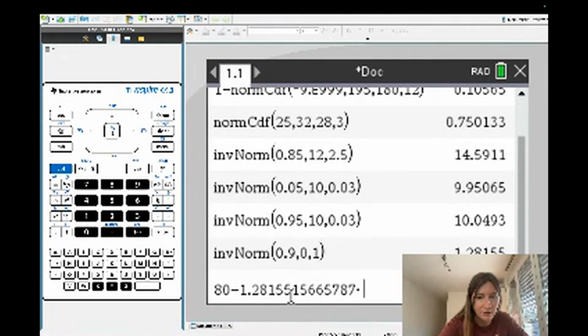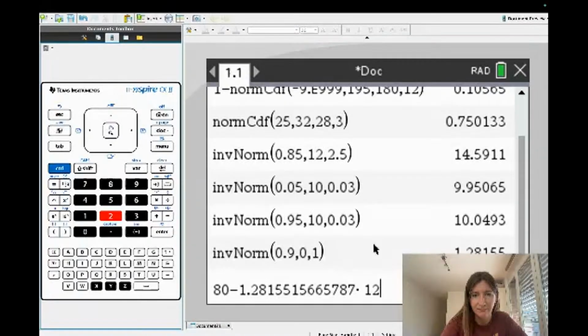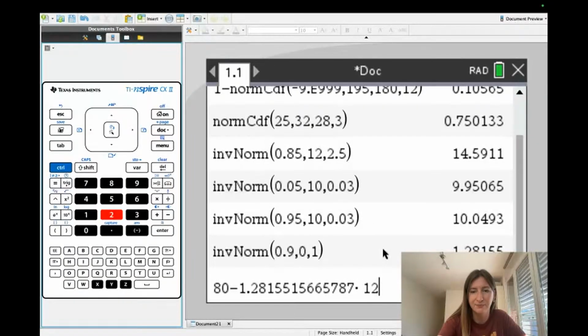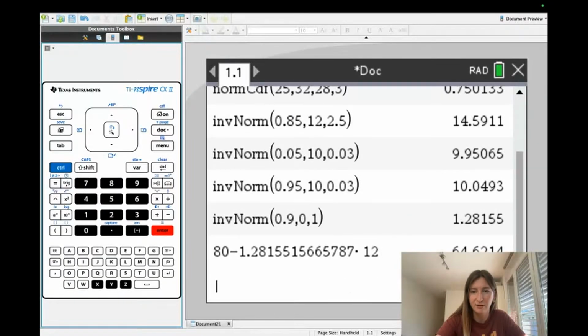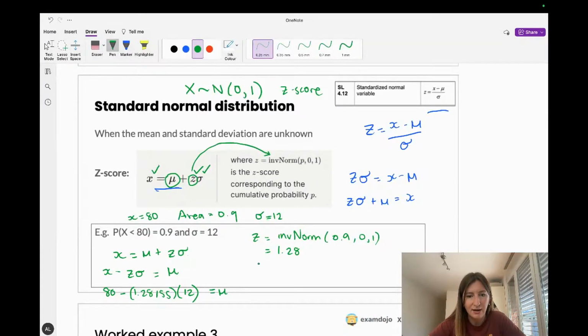No brackets necessary here because of BODMAS or BEDMAS or BIDMAS. What's the American one? PEMDAS, whichever one you use. All right, we get 64.6. So our average, our mu, is 64.6.